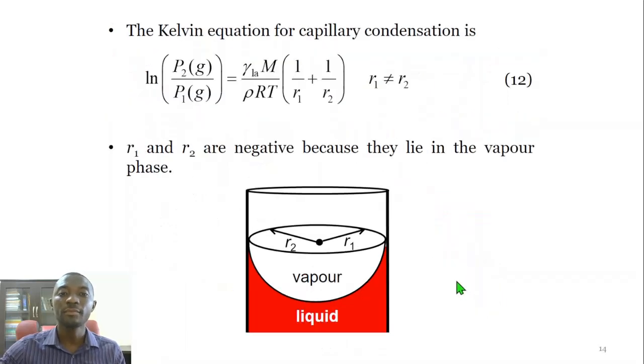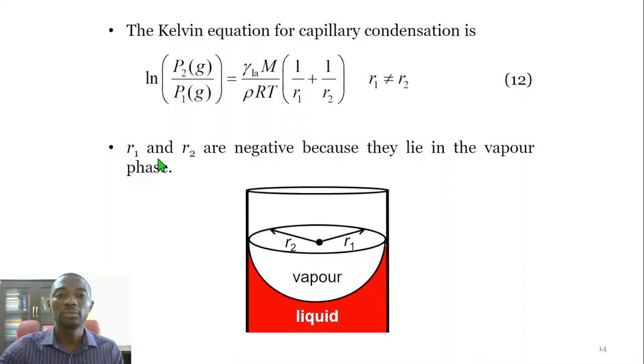So the Kelvin equation for capillary condensation is given by equation 12, where all symbols retain their known meaning. R sub 1 is not equal to R sub 2. There are cases where they might be equal, but in this case, we are taking a case where they are not equal.